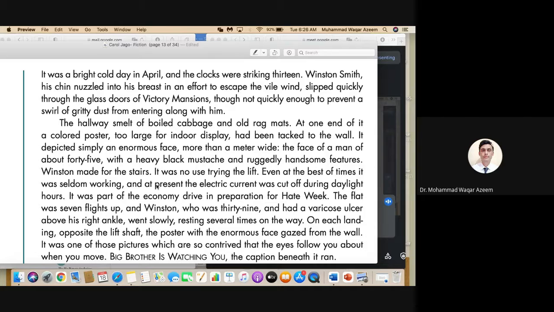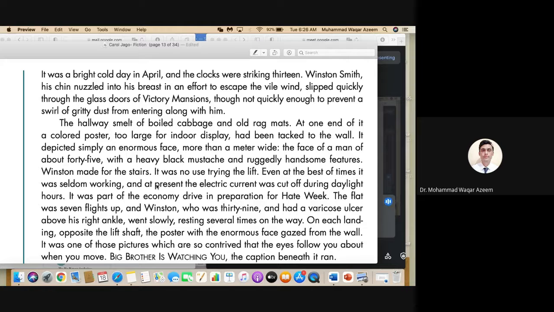So you might have noticed right from the first line, the clocks were striking 13. It is about the cultural environment. As we already gave you a hint, it is about how dictatorships and totalitarianisms change certain cultures.